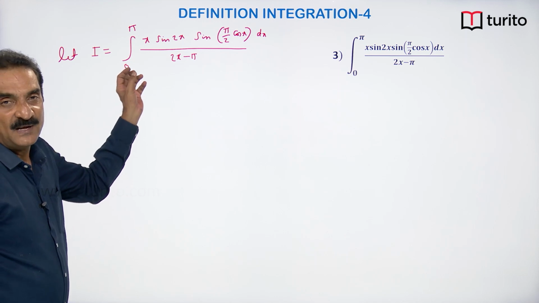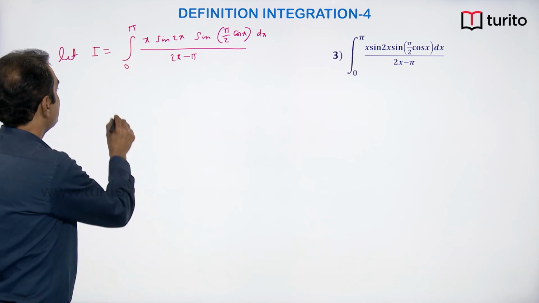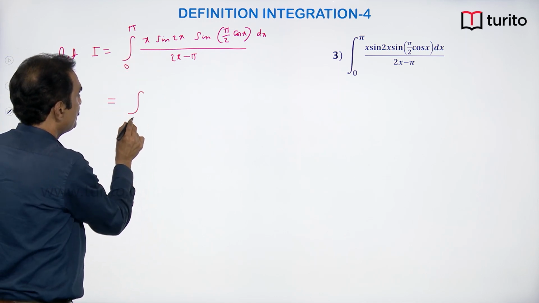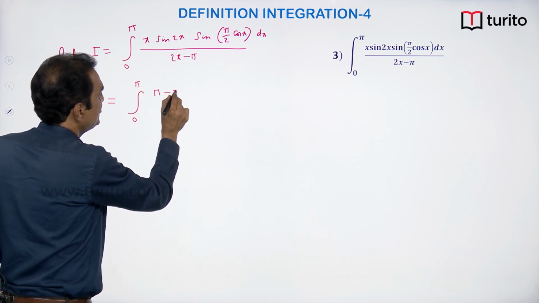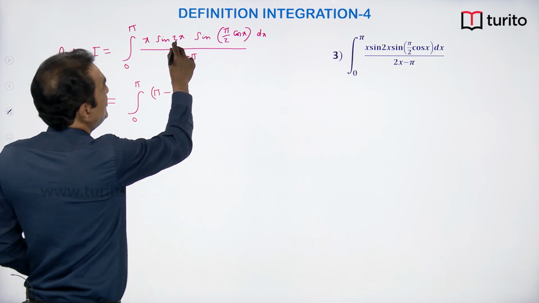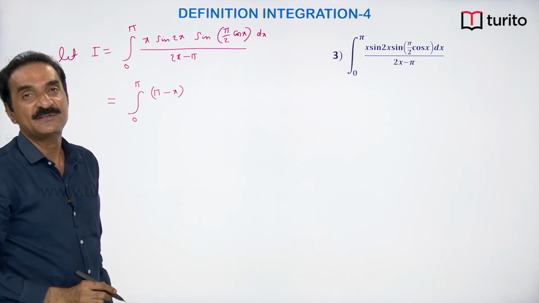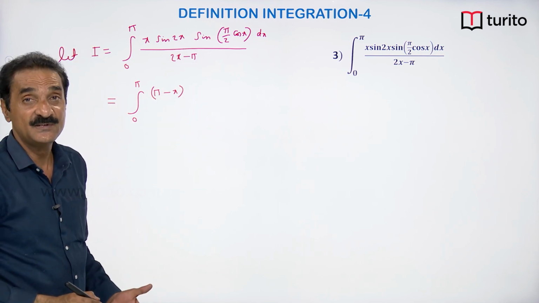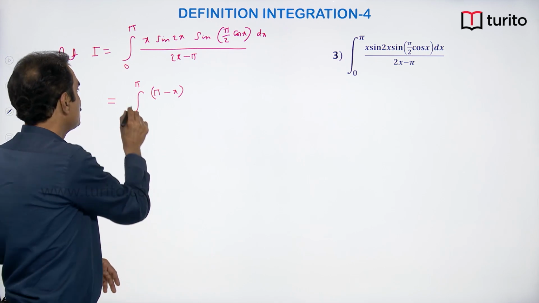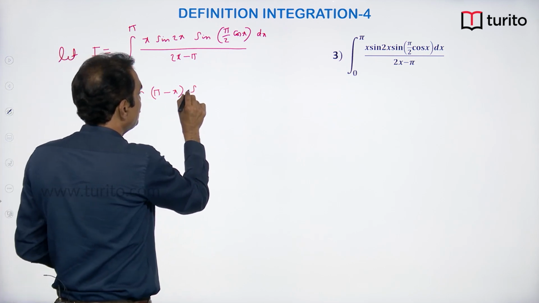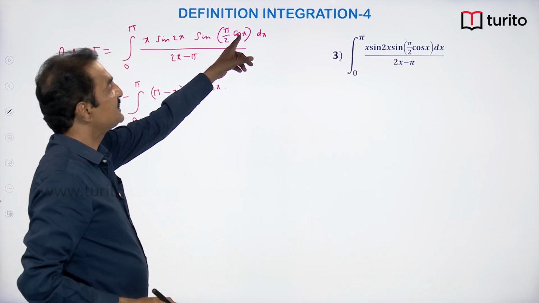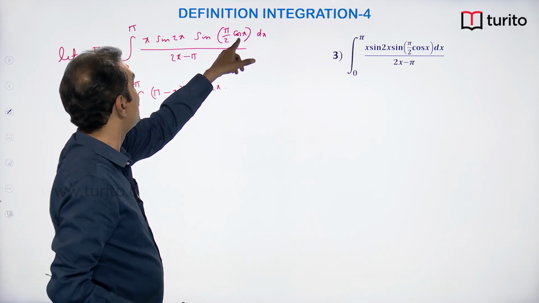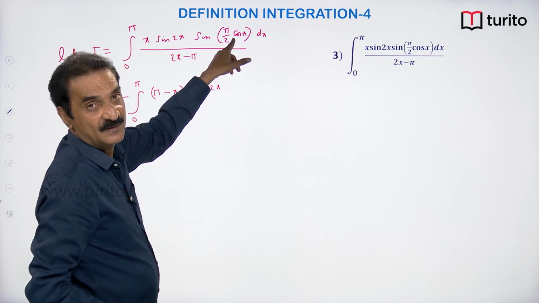Now replace x by pi minus x. Pi minus x into sin 2 of pi minus x will be sin of 2 pi minus 2x. What is it? Minus sin 2x. So we will get a minus sign here. Here cos of pi minus x is minus cos x, is it not?